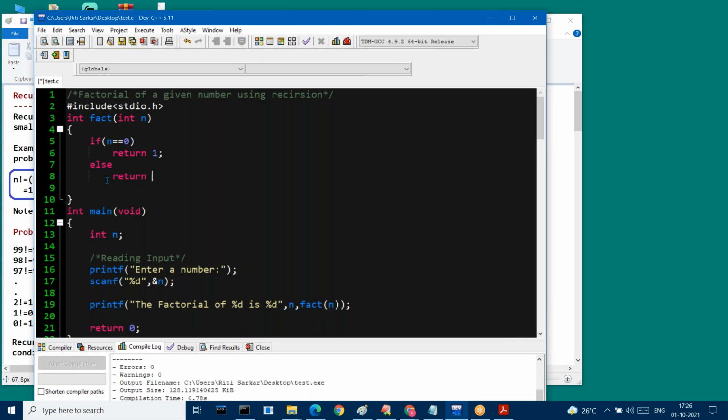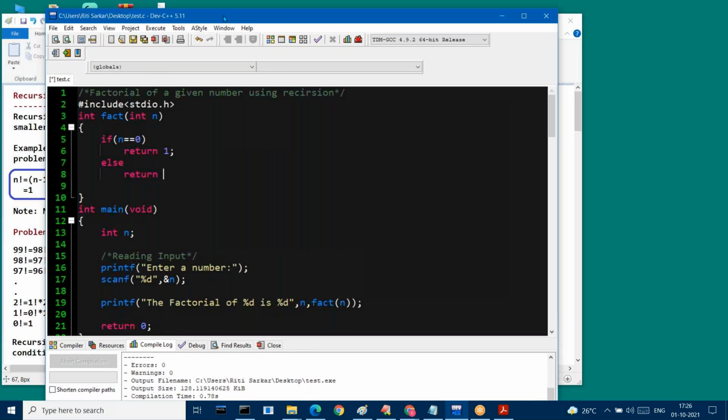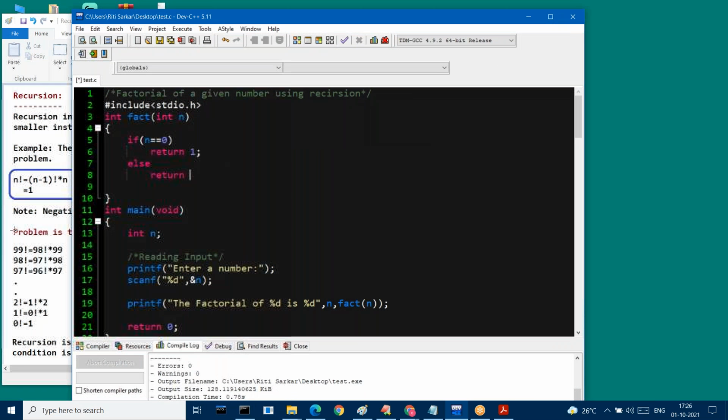But what will you return? Again, I will take the help of the formula. This is my formula. Return, observe here, n minus 1 factorial. What will I say? fact of n minus 1, into n.